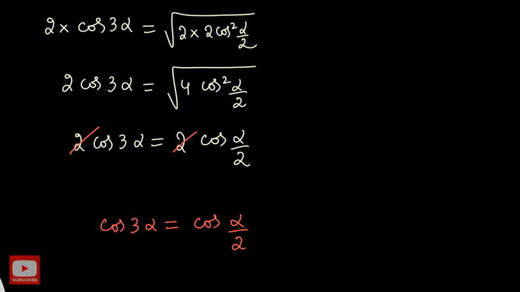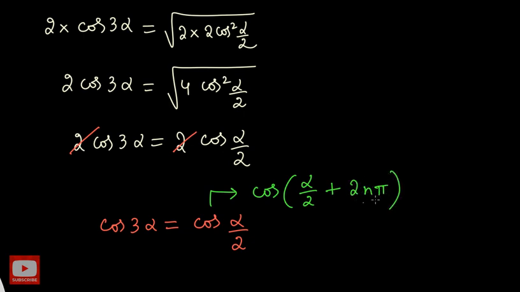We cannot solve the trigonometric equation in such an easy way, right? Why? Because cos is an oscillating curve, where the value of cos repeats after every 360-degree period, or 2 pi. That means we can write this cos alpha by 2 as cos of alpha by 2 plus 2n pi, because 2 pi is 360, right?